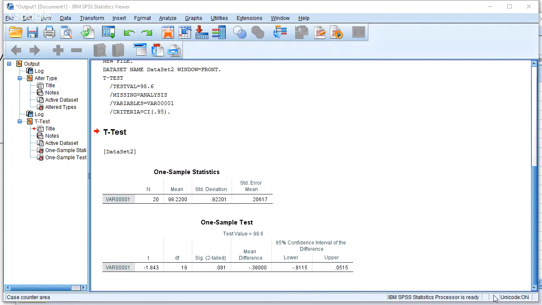Hang on, I'm just looking at your numbers. Oh, that's so weird. Your sig 2-tailed is 0.081. That's so weird that it shows up like that, because on the normal probability output, it doesn't have that number. So SPSS is doing something else that I'm not doing.